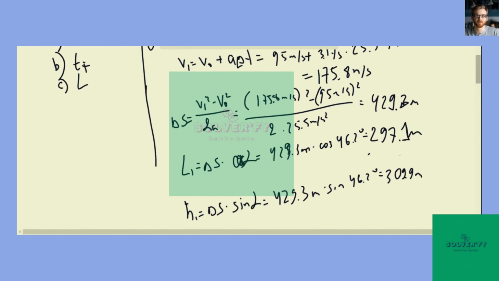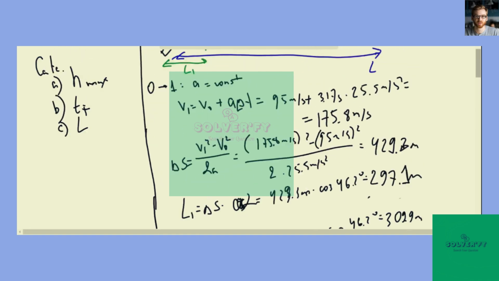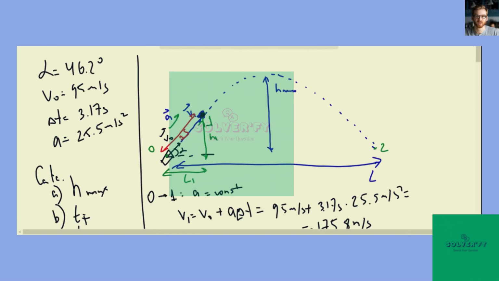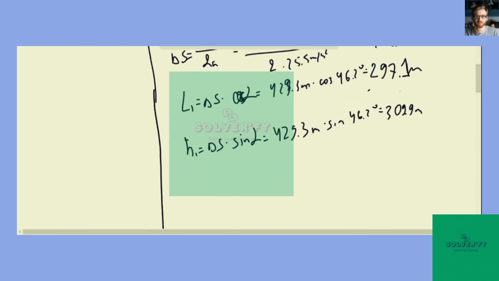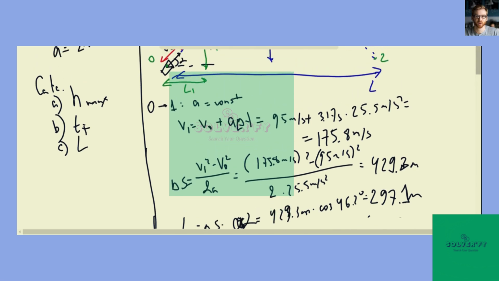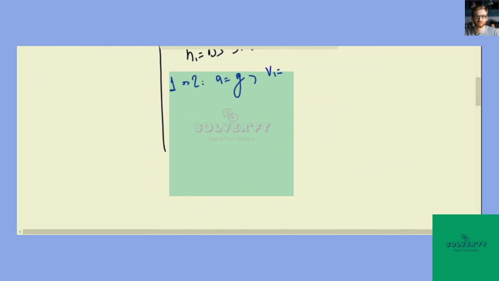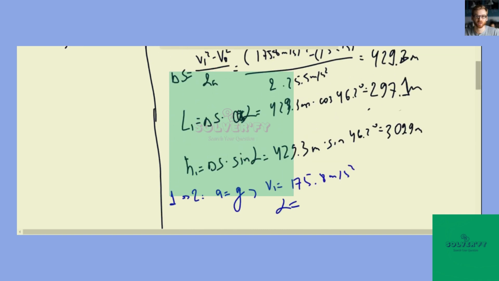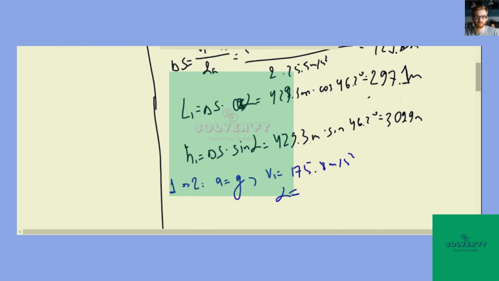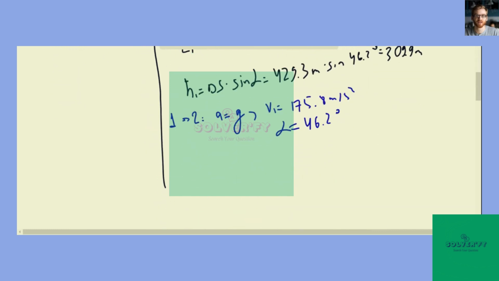So we don't need anything from the motion from 0 to 1 anymore. Now we can focus on the movement from 1 to 2. Here the acceleration equals g only, which is along the y axis, and the initial velocity is v1, which is 175.8 meters per second, and the angle is the same, 46.2 degrees.